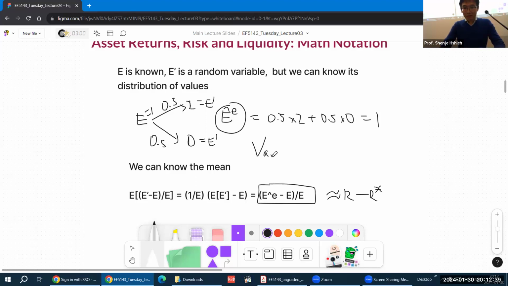The variance of a gamble that's 50-50 is equal to what? 0.5. Variance is defined as E minus the average E, so E hat E, squared, right? And then you add the other term. Again, 0.5. This is just the definition of variance.